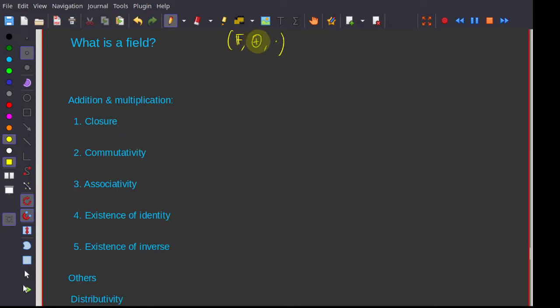These two are binary operations. Both of these take two field elements and output another field element.